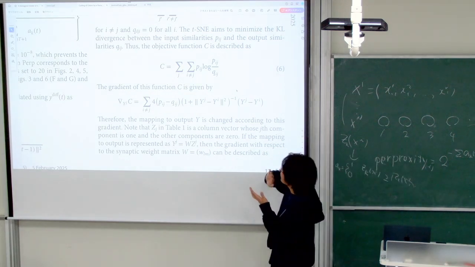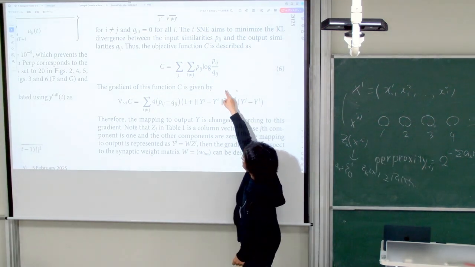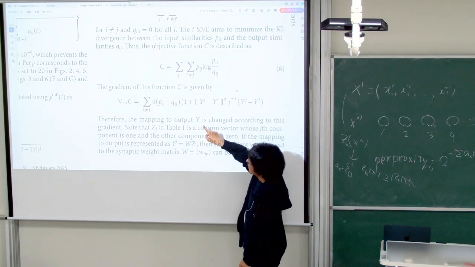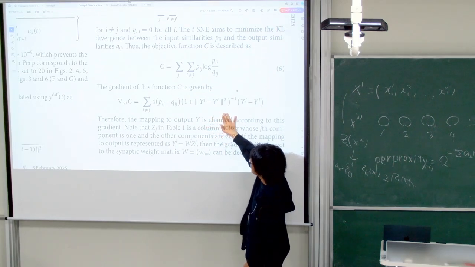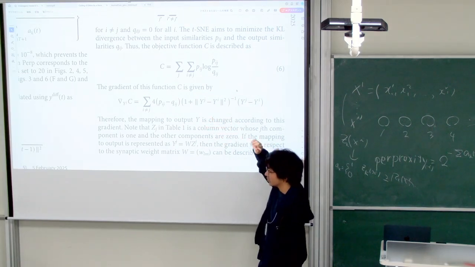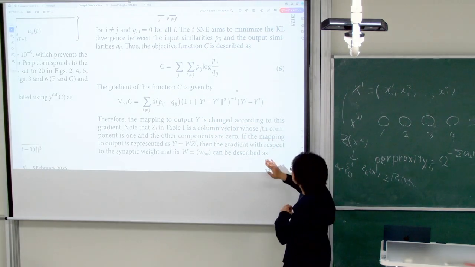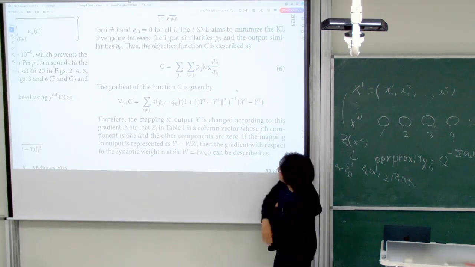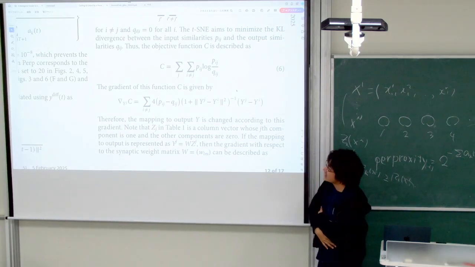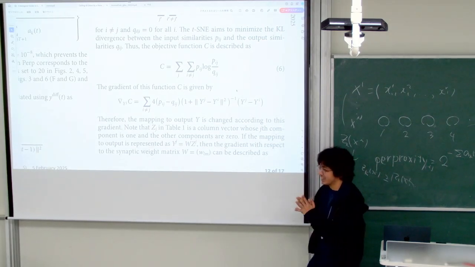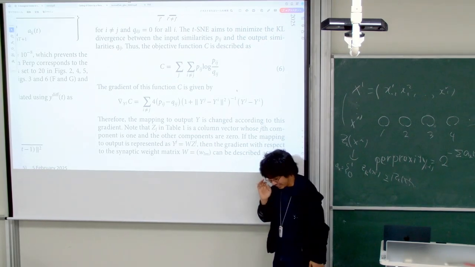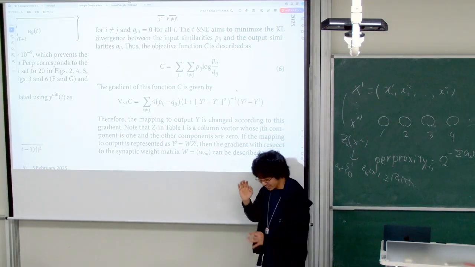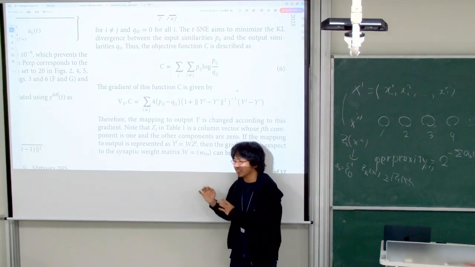I'm wrong. So the definition of KL divergence, and the gradient of KL divergence. This corresponds to the gradient. That's not what we're minimizing, that's just the direction that we change things. Yeah, sorry, I misunderstood.